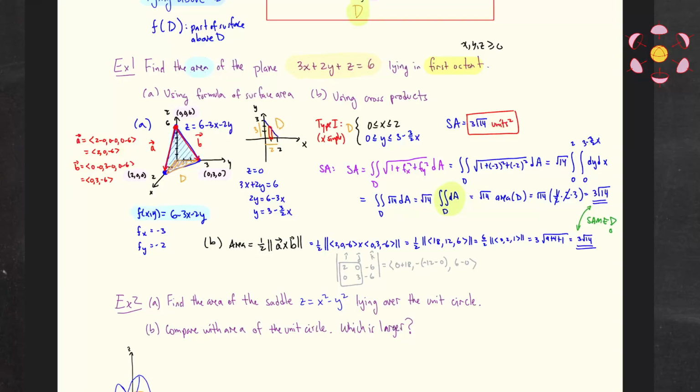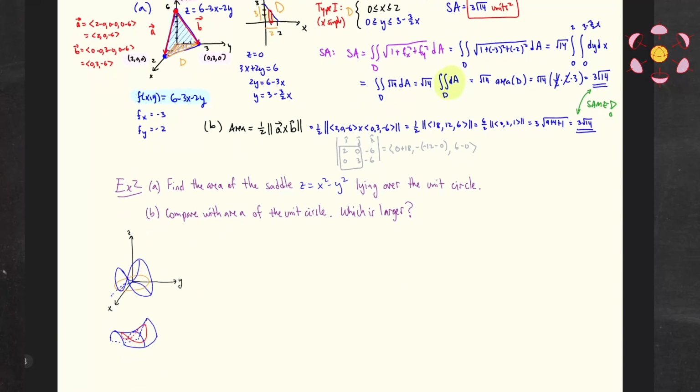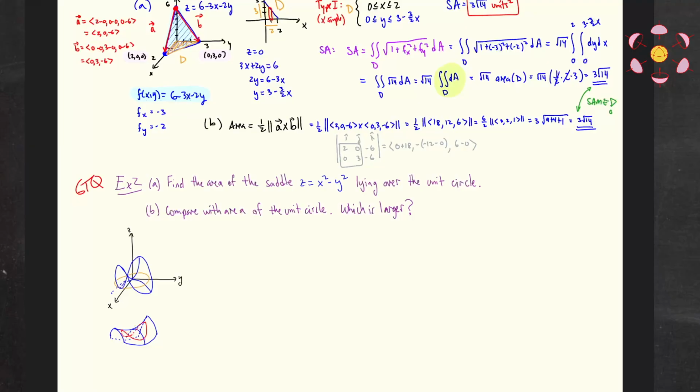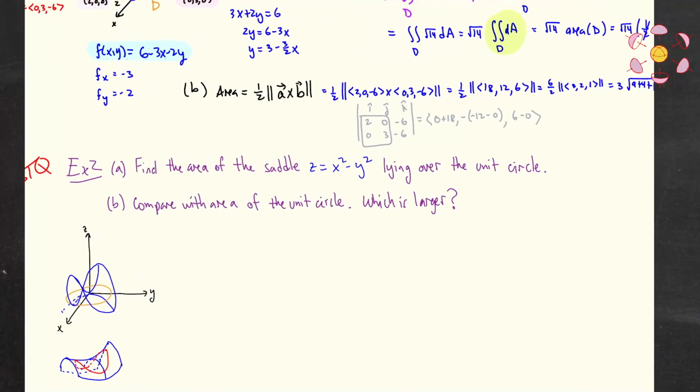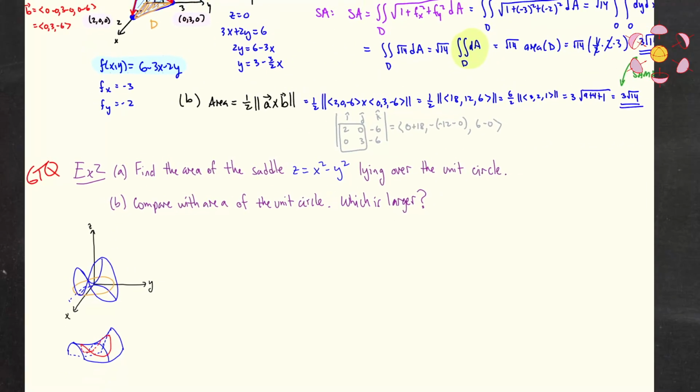Okay, one more example and then I am out of here. So this is a good GTQ over here, where we are going to look at the area of the saddle. So find the area of our saddle here, lying over the unit, that should say unit disk, small typo.